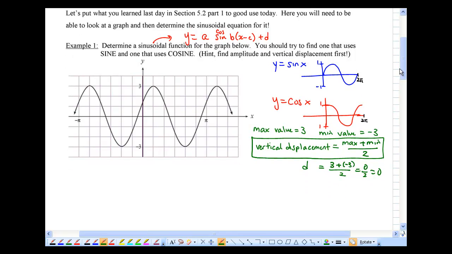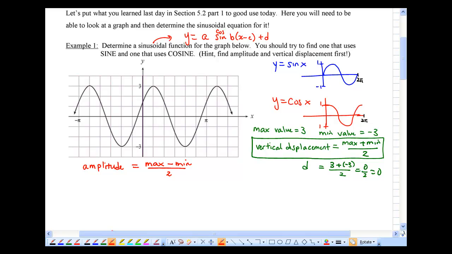Well, how can we find the amplitude? Well, amplitude, of course, is the distance from the highest point to the middle, or the lowest point to the middle, or from last day's food for thought, it would be the maximum value minus the minimum value divided by 2.